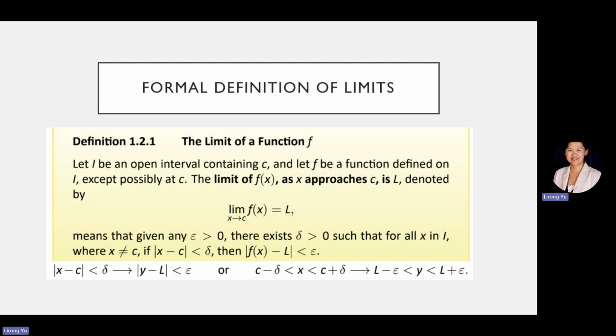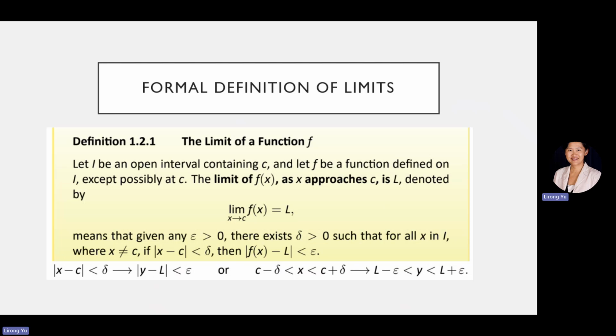So c minus delta and c plus delta provide the left boundary and right boundary for x. On the other hand, f(x) is supposed to be really close to L, so L minus epsilon and L plus epsilon are the lower and upper boundary for the y value.